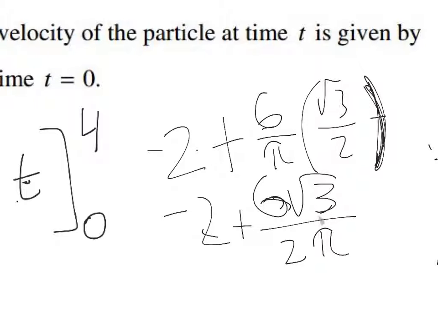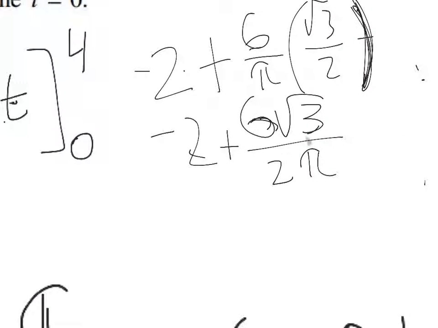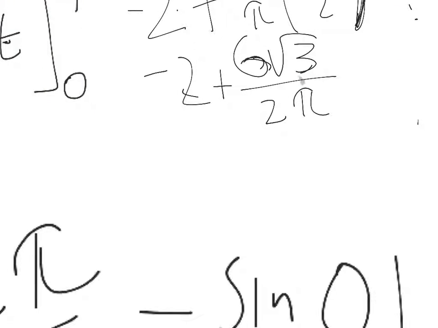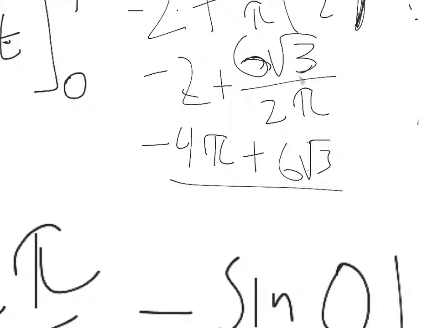And if you want to, you could leave it at that, but I'll just go a little further here. Multiply, get a common denominator, which would be negative 4 pi plus 6 root 3 over 2 pi.